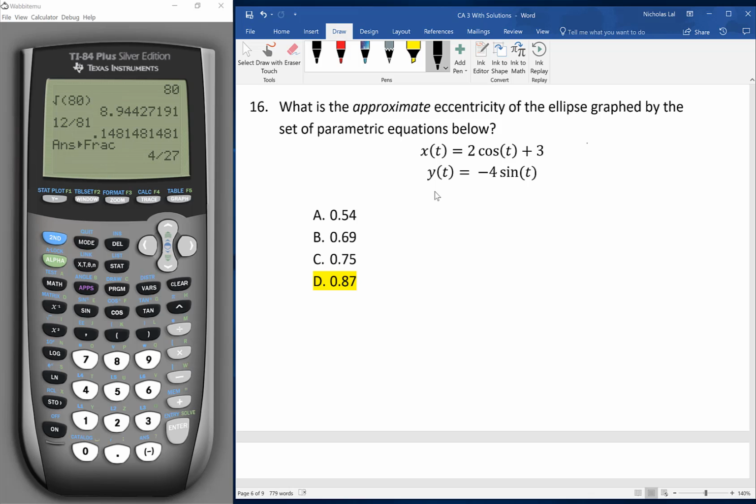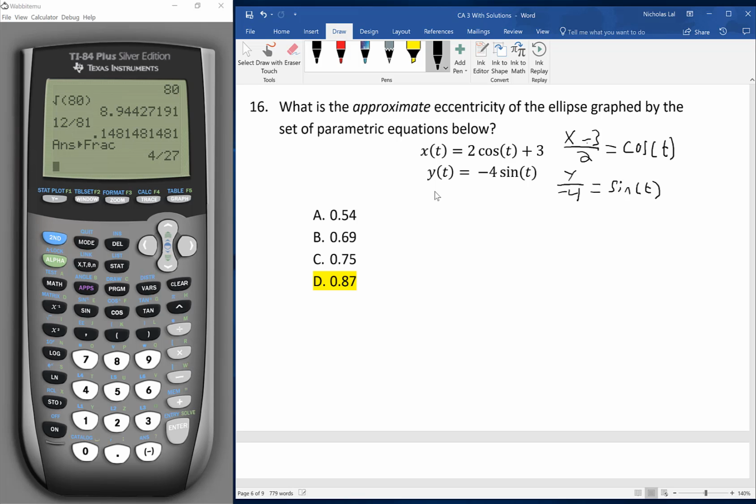So the cosine of t is going to be x minus 3 divided by 2 is equal to the cosine of t. For y, y over negative 4 is going to equal the sine of t.